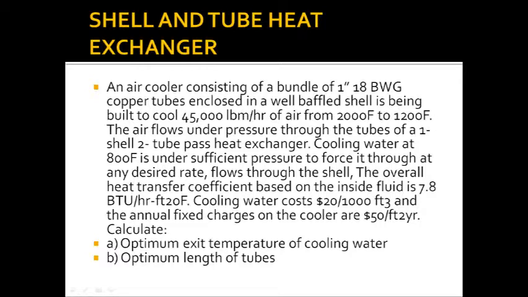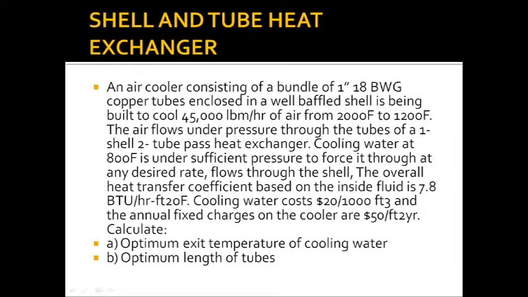An air cooler consisting of a bundle of 118 BWG copper tubes enclosed in a well-baffled shell is being built to cool 45,000 pound mass per hour of air from 200 degrees Fahrenheit to 120 degrees Fahrenheit. The air flows under pressure through the tubes of a one-shell, two-tube pass heat exchanger. Cooling water at 80 degrees Fahrenheit, under sufficient pressure to force it through at any desired rate, flows through the shell.